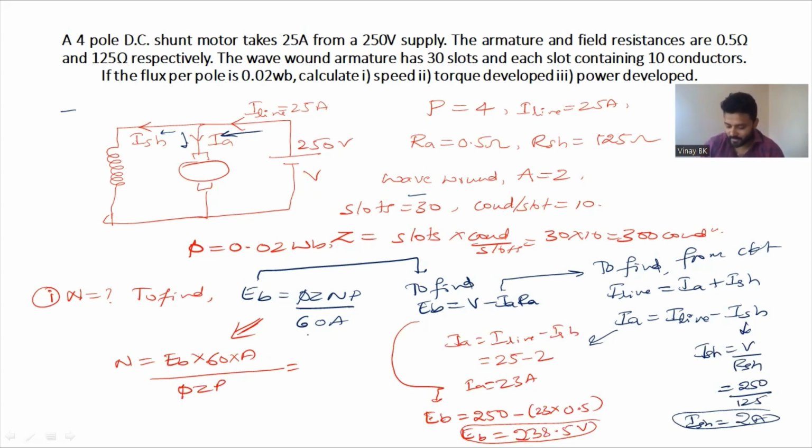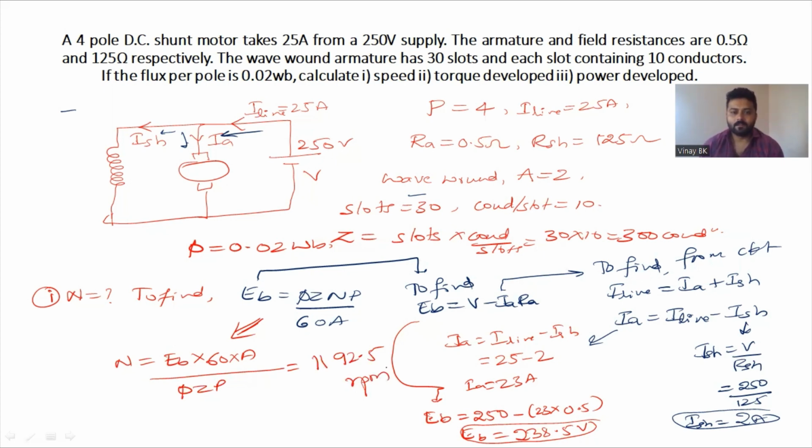By substituting all these values, 238.5 into 60 into A equals 2 divided by phi ZP. Phi they are given 0.02. Z we just calculated, that is 300 armature conductors. P they are given 4. So you get 1192.5 RPM, which is the value of speed.